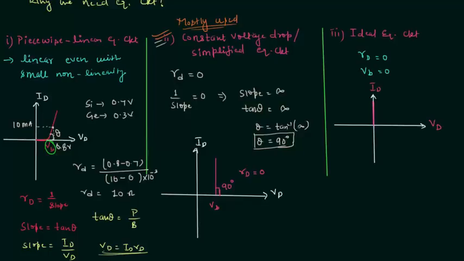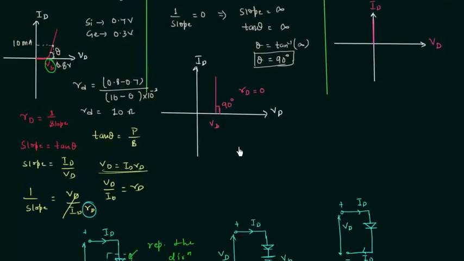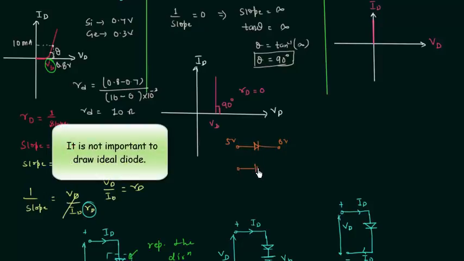And in numerical problem, if the diode is forward biased like this, this is 5 volts, this is 0 volts, then you have to replace the diode with its barrier potential. And if it is given that the diode is silicon diode, then the barrier potential is equal to 0.7 volts. And now you can easily solve the circuit.